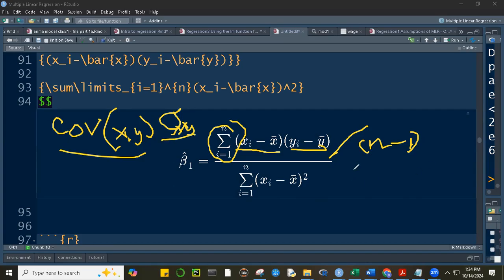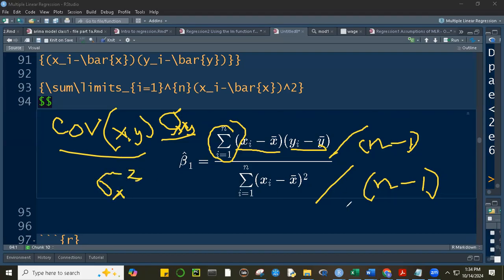And then this one, class, the denominator, summation of x minus x bar squared. If we also divide by n minus 1, this is actually, what's this? Summation of x minus x bar squared over n minus 1. This is the formula for the variance of x.